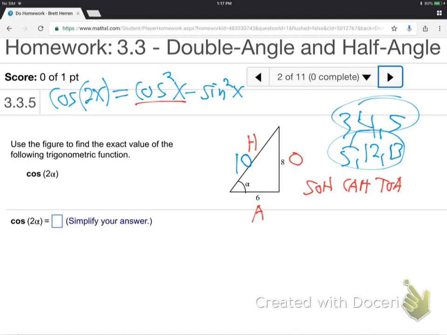And your sine, and make sure you square it. So what is cosine? Adjacent over hypotenuse. 6 over 10 squared. And what is sine? Opposite over hypotenuse. 8 over 10 squared. Does that make sense there?